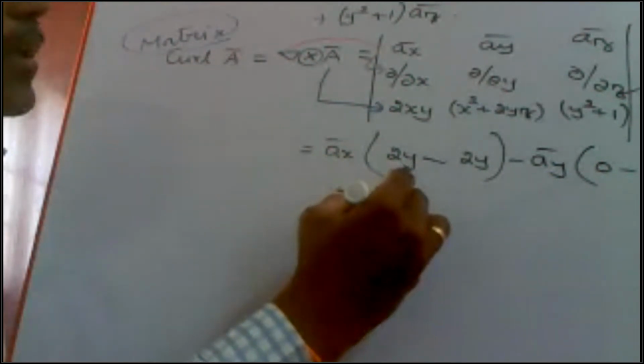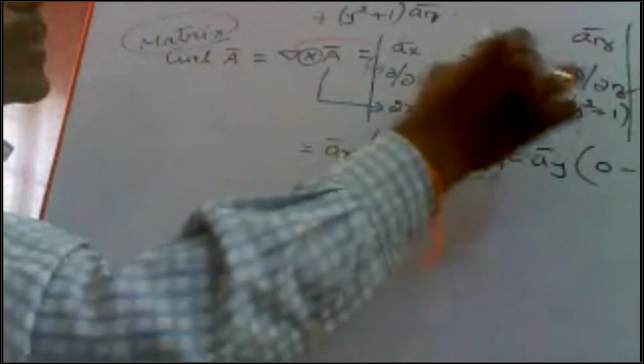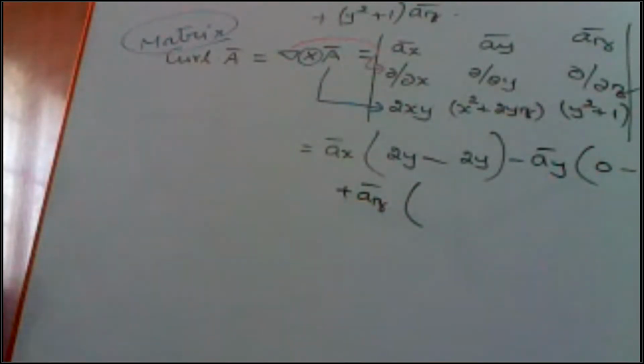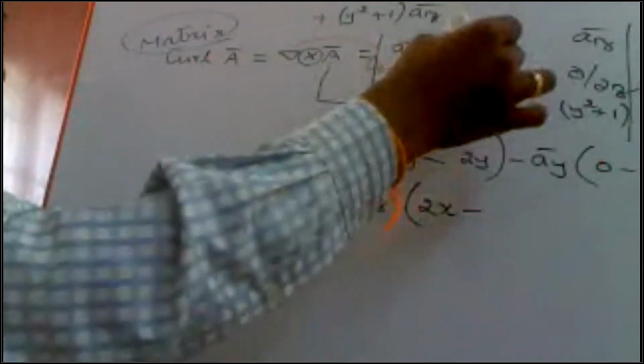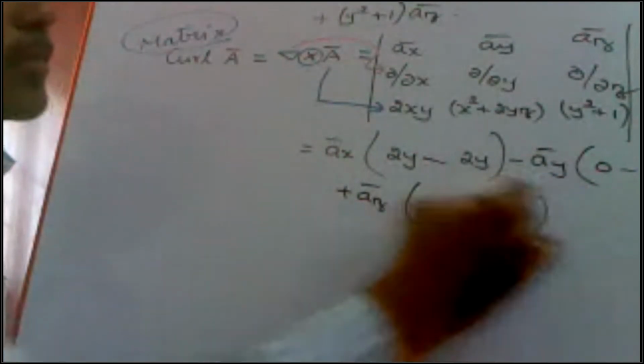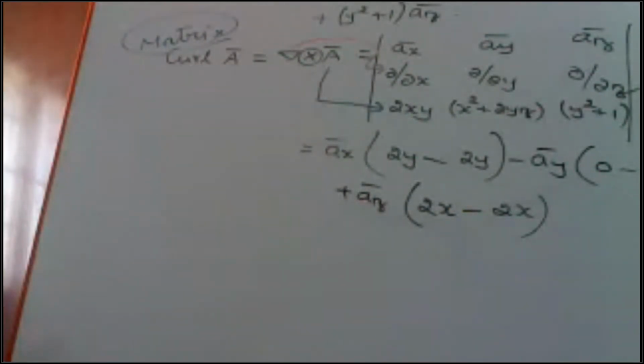Plus a_z vector into ∂/∂x of this term x² + 2yz, which gives 2x. Very good. Minus ∂/∂y of 2xy is again 2x. So 2x minus 2x is going to give 0.